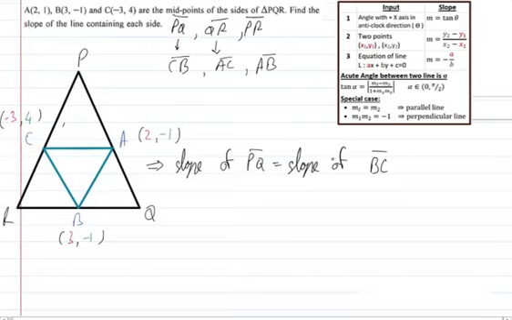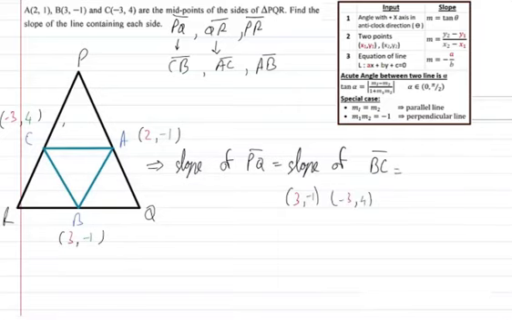Before we find the slope of BC, let's collect the coordinates of B and C. The coordinate of B will be (3, -1) and the coordinate of C will be (-3, 4). So we are ready to find the slope of BC using the definition of slope. m is equal to (y2 minus y1) upon (x2 minus x1).